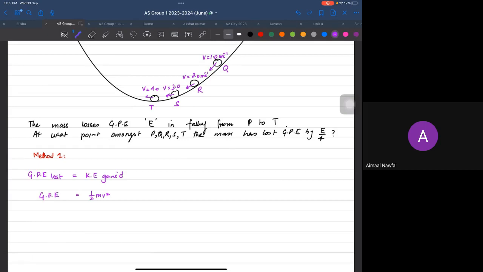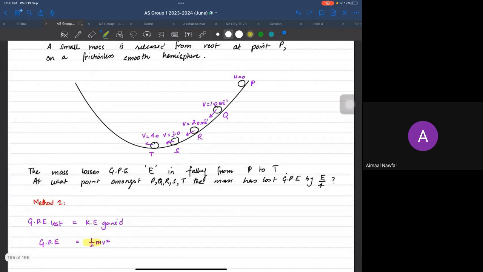Now, what you guys need to remember is that because it is the same body, half and mass are constant values. At each point that they've given, half and mass are not going to change, only the velocity is going to change. And when the velocity changes, obviously GPE is lost, right?